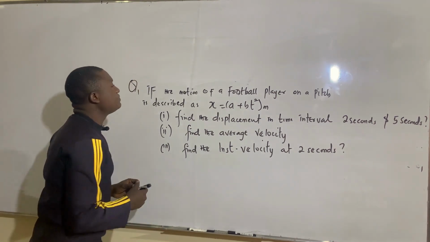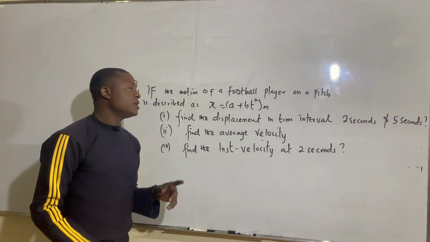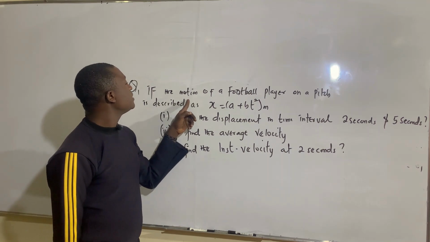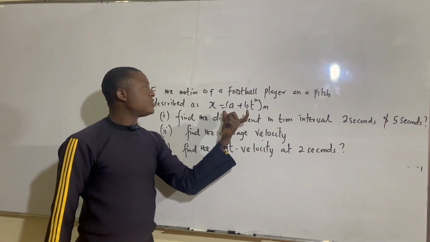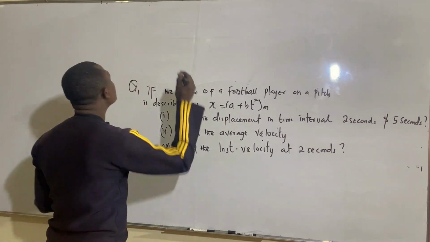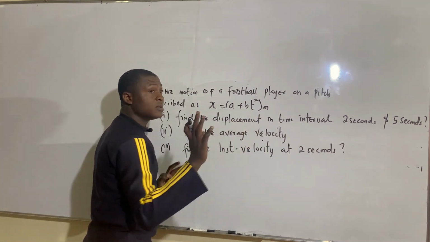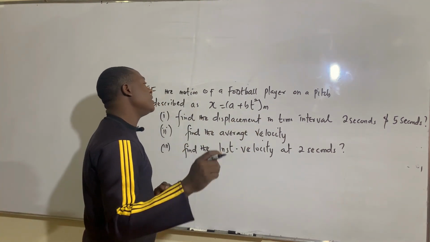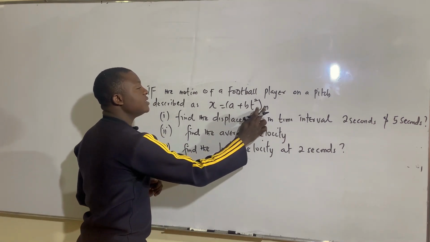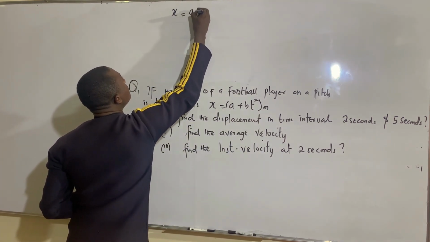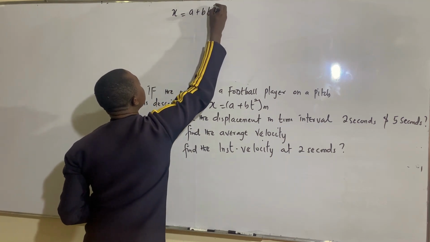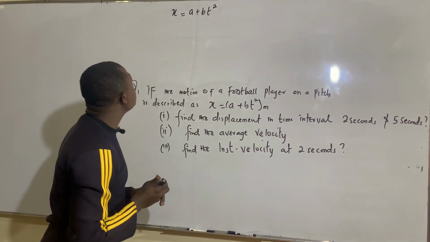Okay. So let's take a look at the problem. The question says the motion of a football player on a pitch is described as x equals a plus bt squared in meters. You see this m they use here is nothing but meter, and the distance is measured in meters. So we are given x to be a plus bt squared.